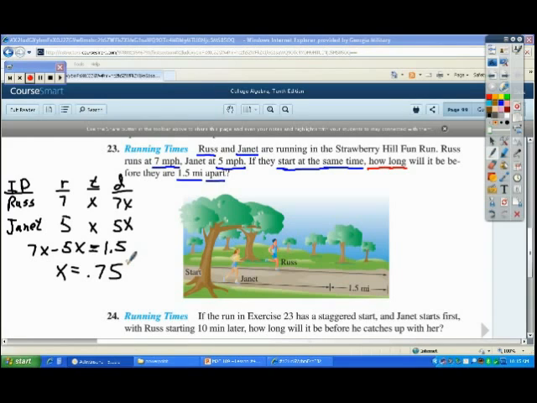So those are miles and hours. What units did we use over here? So what does that make our time have to be? Hours. So this is 0.75 hours. If you choose, you could convert it to minutes. What would it be in minutes? 45 minutes. Either one's fine.